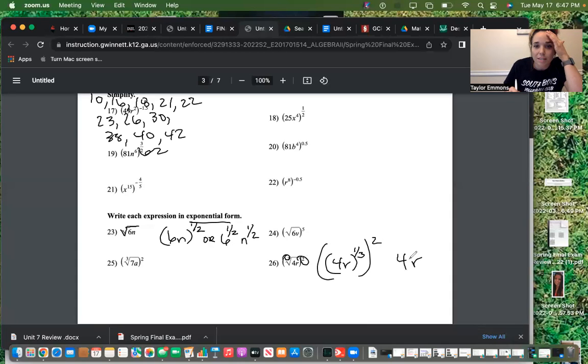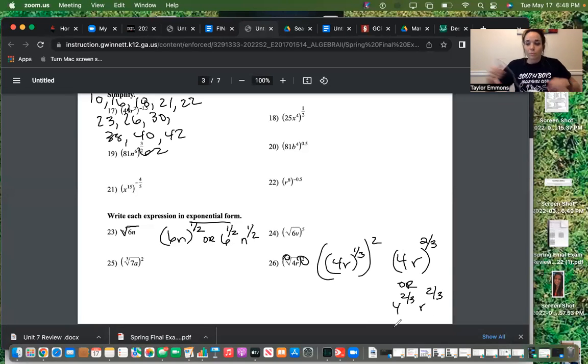That means I'm going to take that exponent and multiply it by this exponent, which will give me 2/3. Again, you could leave it like this, or you could leave it like 4 to the 2/3, r to the 2/3. Now there are going to be 2 questions like that. So 62 is definitely something that you want to know.